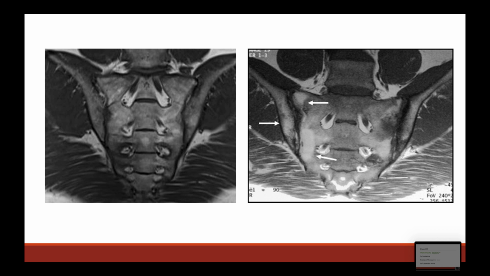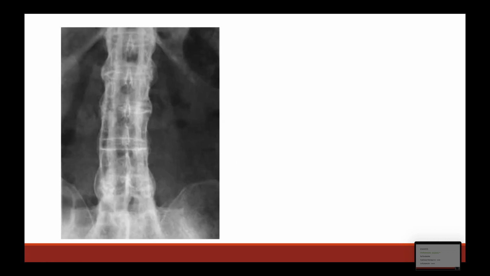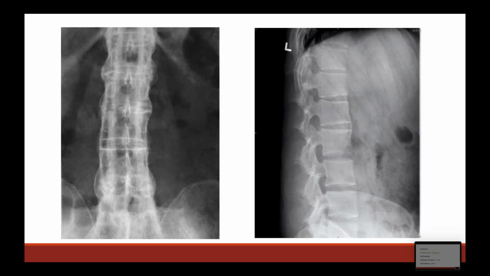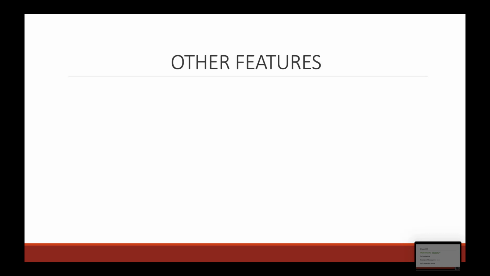And you've got sacroiliitis on MRI on the right, and then here's the normal image of what it should look like. And here you've got a spine. A spine should not be this straight. This is otherwise known as bamboo spine, which is pathognomonic for ankylosing spondylitis. So what other features might you get?